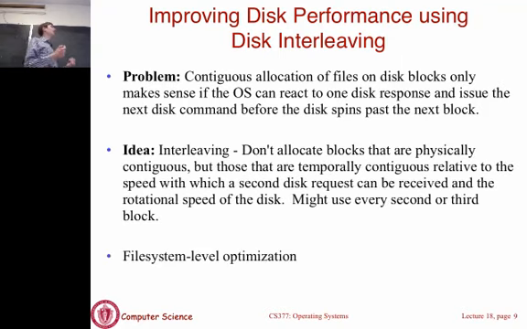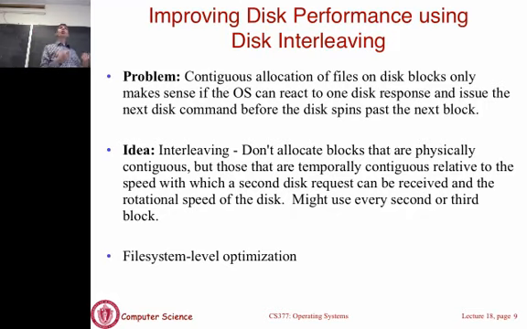So one idea that we can use to deal with this is called interleaving. The idea here is that rather than laying out the blocks of the file in a contiguous fashion, we can allocate them with gaps. Maybe every 3 blocks, we stick a block for the same file.